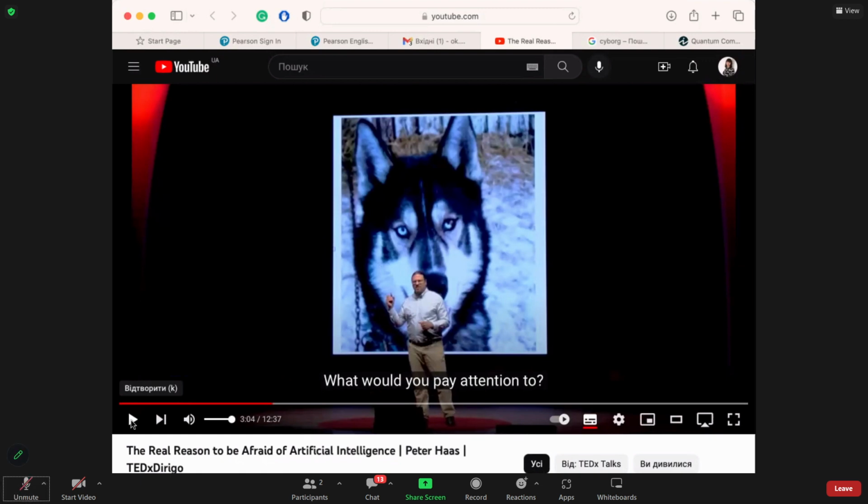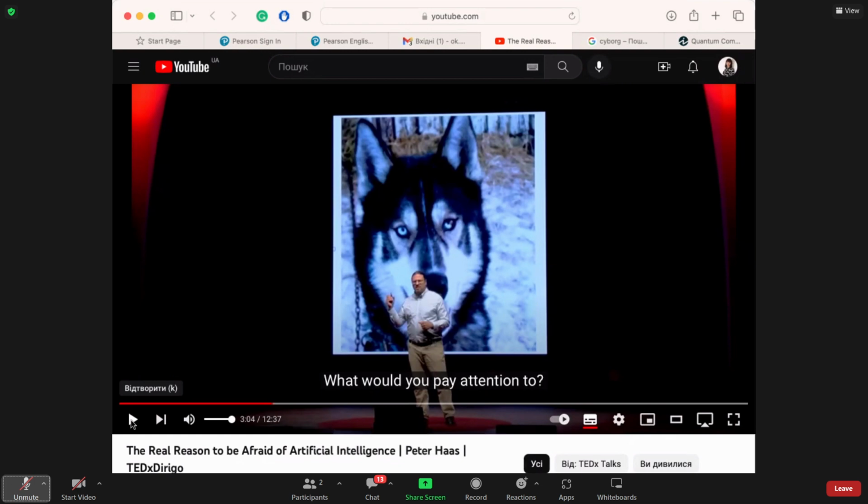So if you pretend to be AI, you pay attention to the dog itself, right? To identify whether it's okay. What is this animal? A dog or a wolf?